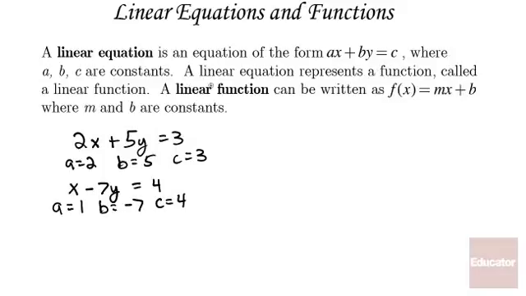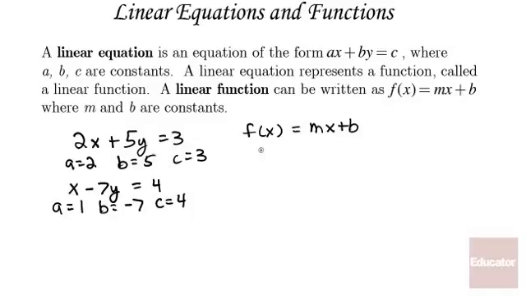A linear equation represents a function which is known as a linear function, and that can be written in the form f of x equals mx plus b. And this is a very useful form of the equation that will be discussed in another segment.